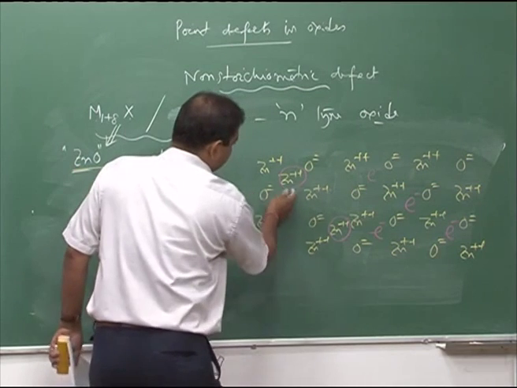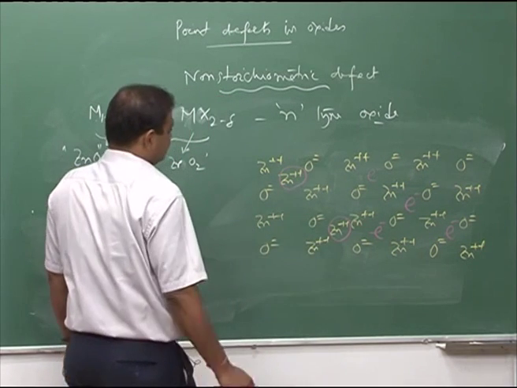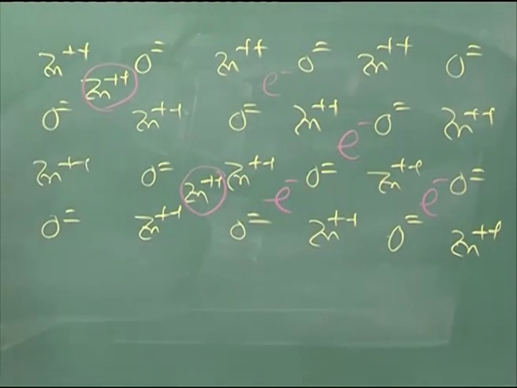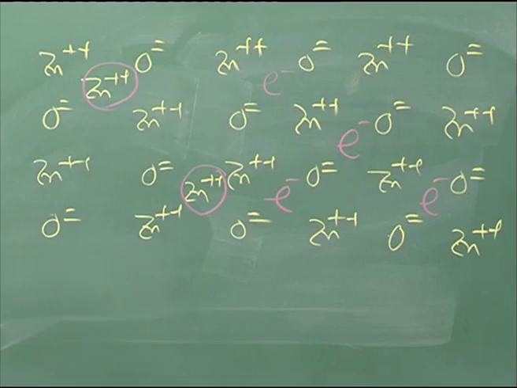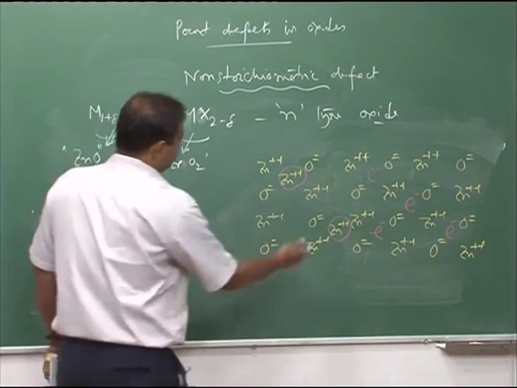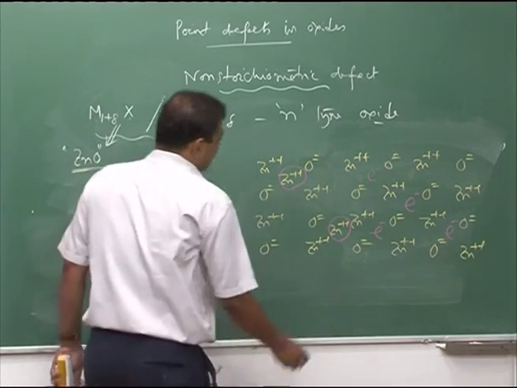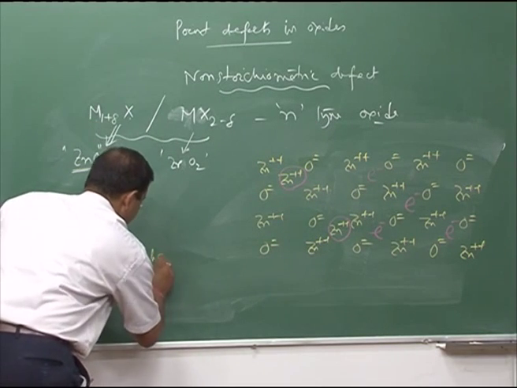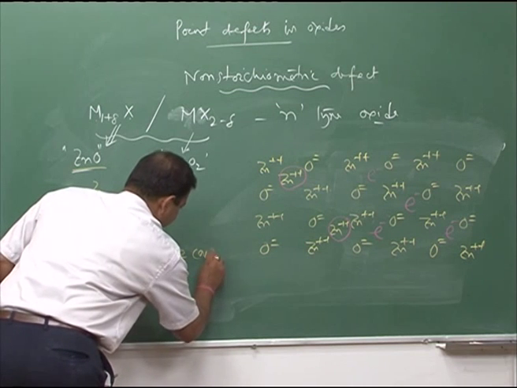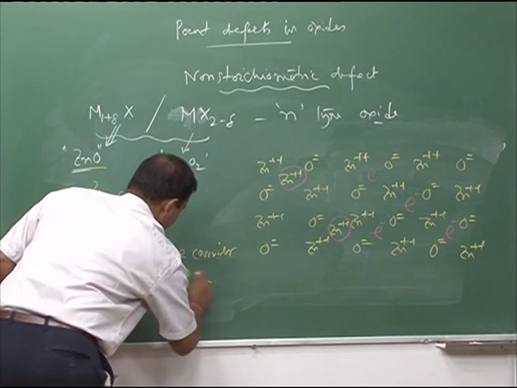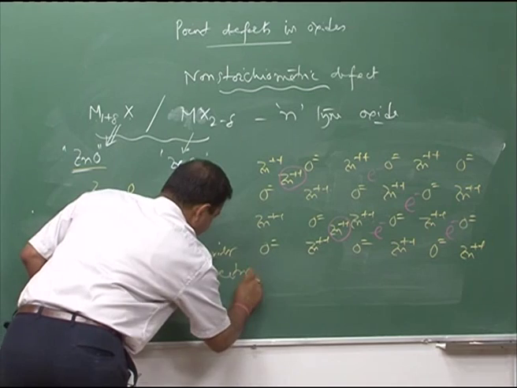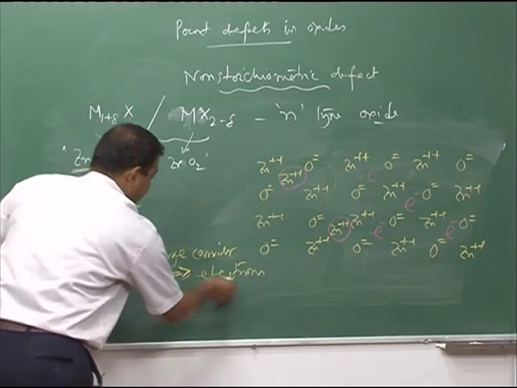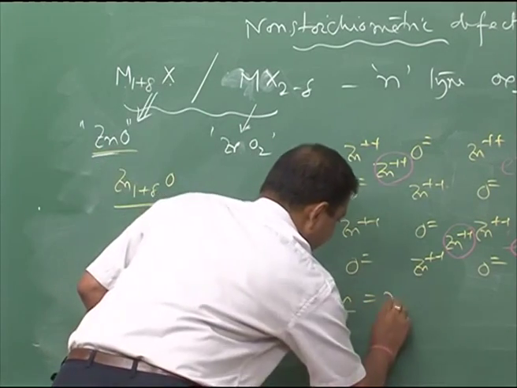So, these are 2 cations in the interstitial position, and there will be 4 electrons which will neutralize the entire system. The charge carriers in this case are electrons, and that is why this is called n type.